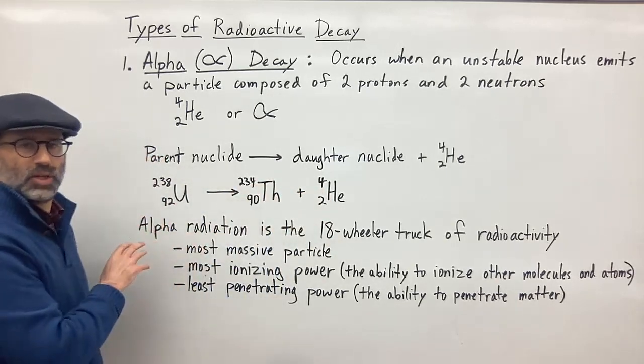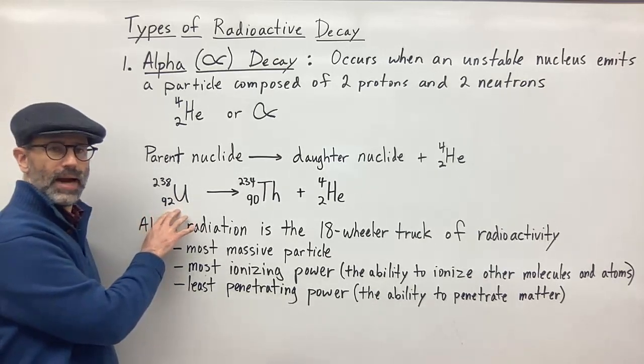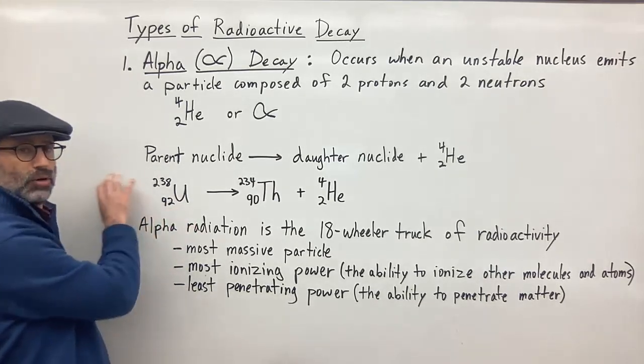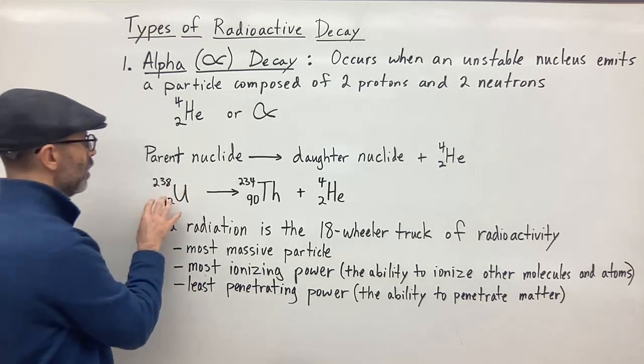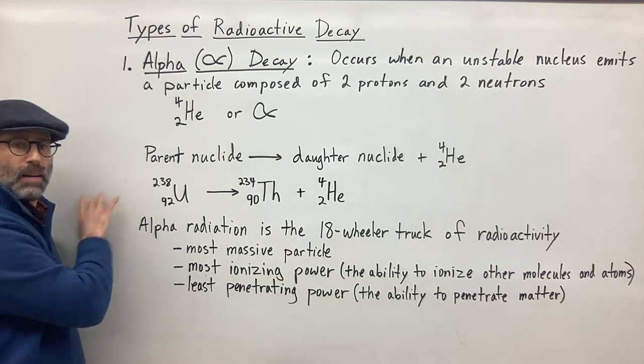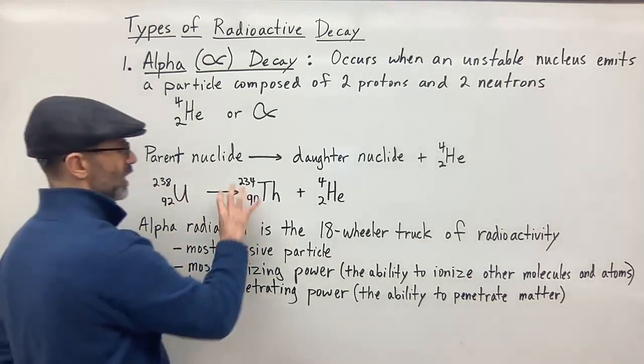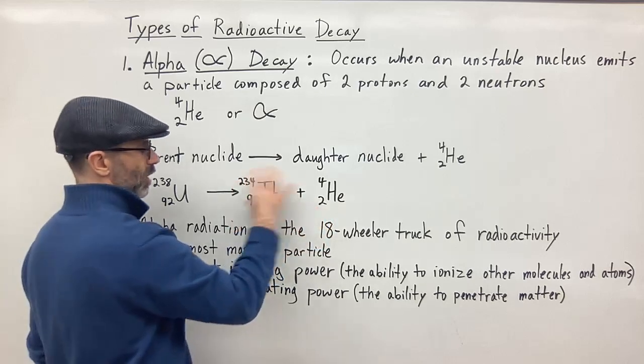Now, this is a basic equation, but you can get more complicated. Here, I only have one reactant, but I could have several different reactants on here. So maybe I have a neutron bombarding my uranium to make it unstable. And then maybe here I might have alpha decay.